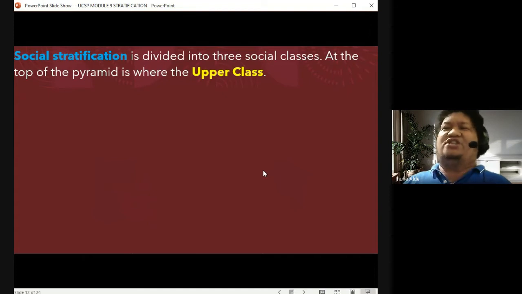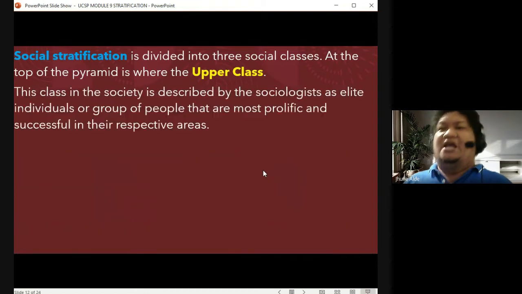Una, which is the top of the pyramid, is the upper class. Remember the diagram kanina? This class in the society is described by sociologists as the elite individuals or groups of people that are most prolific and successful in their respective areas. Okay?